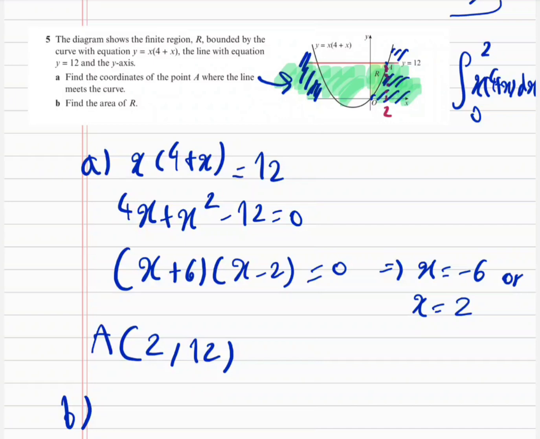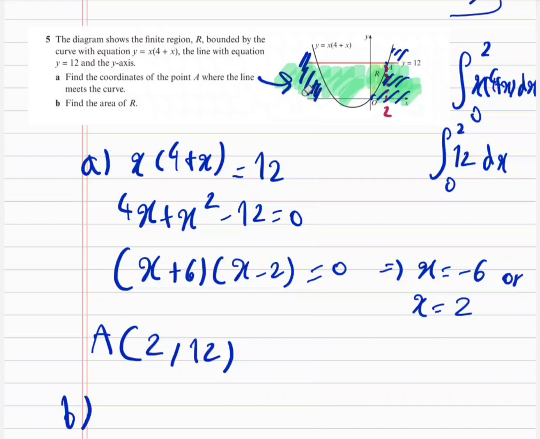So in terms of the line, we have the integral of 12, between 0 and 2, because anything before 0 just gives us the area of this irrelevant part, and we only want this side between 0 and 2. So that's going to help us.